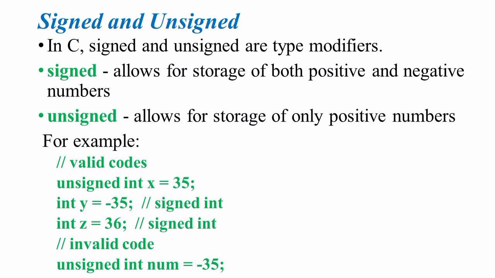Next, signed and unsigned data type. In C programming, signed and unsigned are type modifiers. You can alter the data storage of a data type by using them. Signed allows for storage of both positive and negative numbers. Unsigned allows for storage of only positive numbers. Here is an example of valid code and invalid code for unsigned integer.